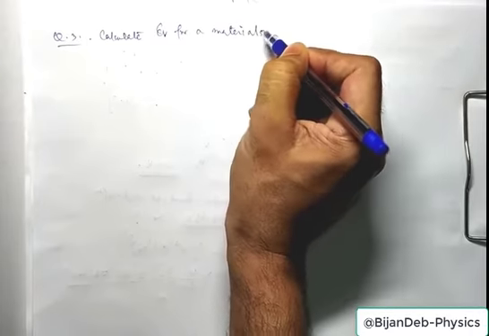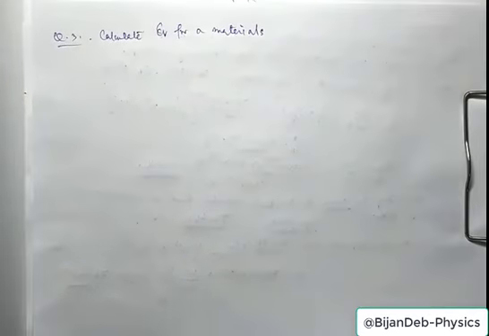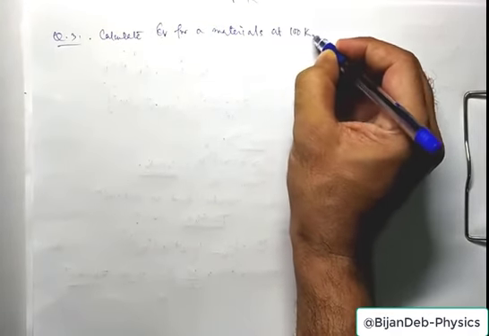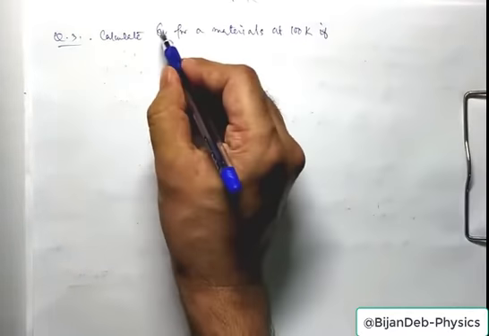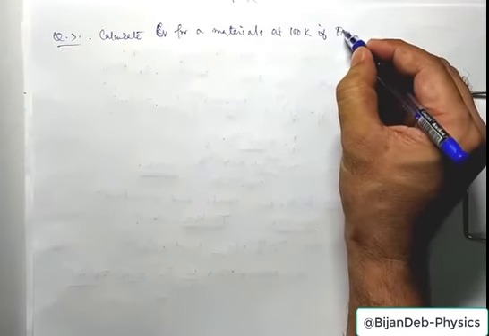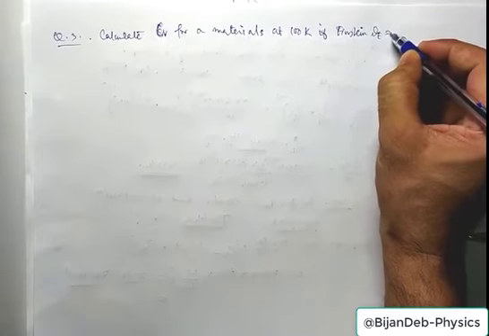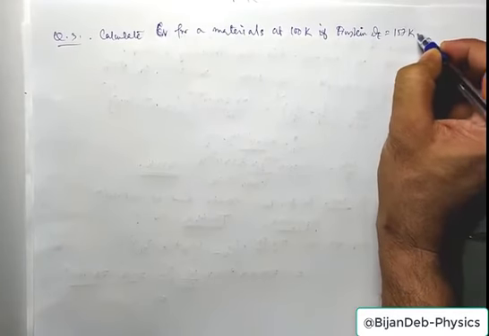A lot of numericals you will also get in the textbook, so I am just copying from the textbook, but just for your reference I am putting this. For a material at 100 Kelvin, you have to find Cv at 100 Kelvin if the Einstein temperature, theta E, is given as 157 Kelvin.